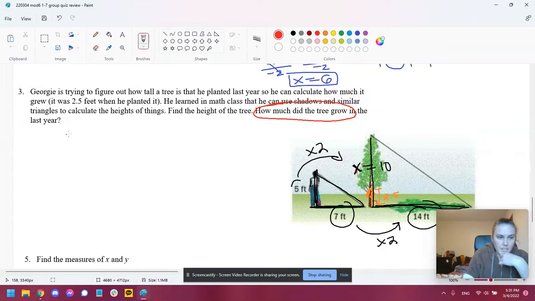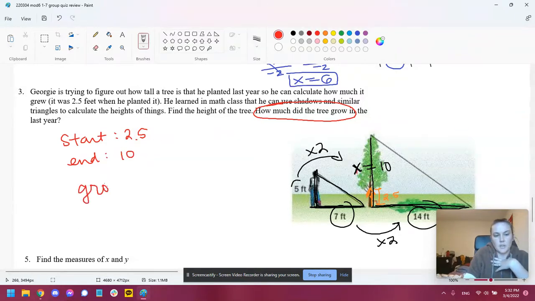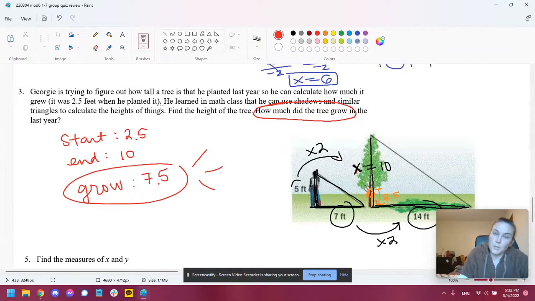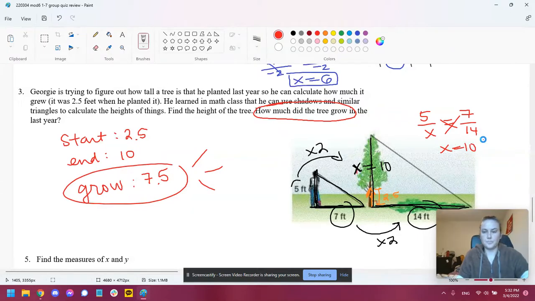If it started at 2.5 and ended at 10, we would subtract those, and the amount that it grew is 7.5. So that would be my answer. Make sure to watch out for tricks like that on the quiz. We'll use similar triangles. We also could have said, 5 over x is 7 over 14, cross multiplied, and got this.